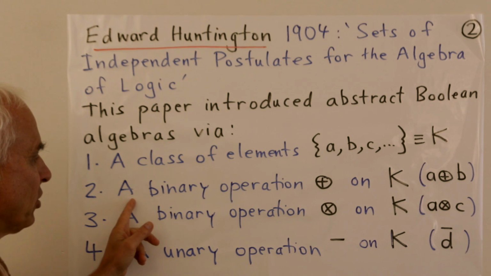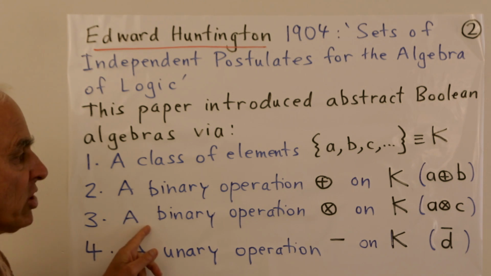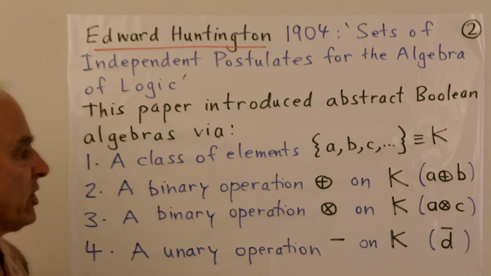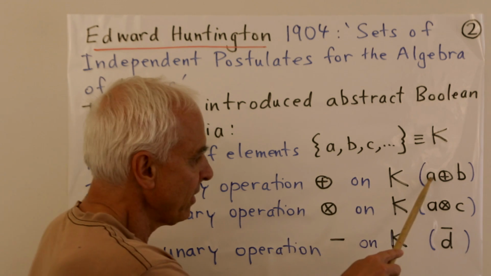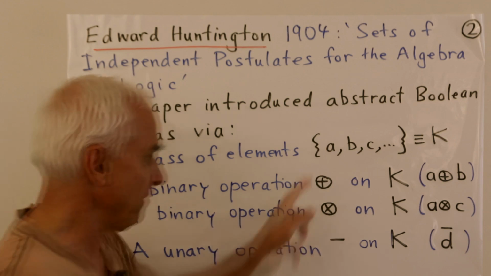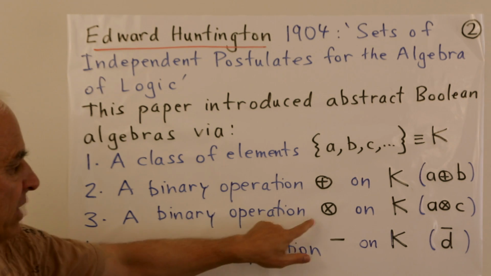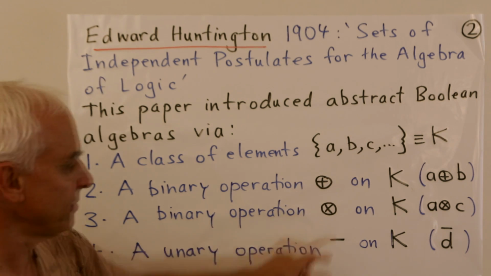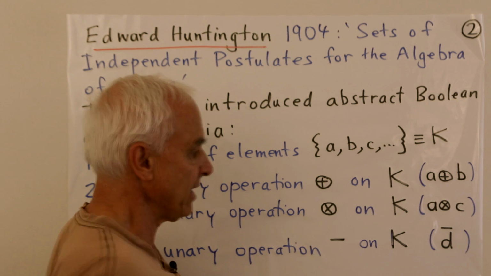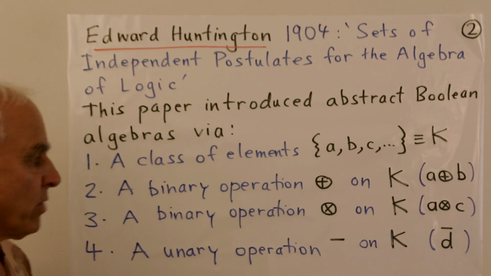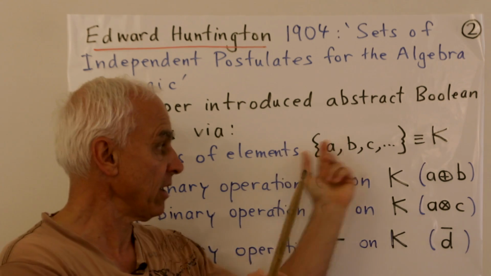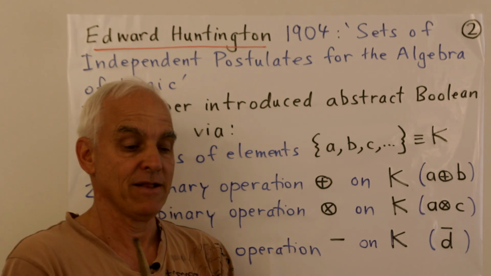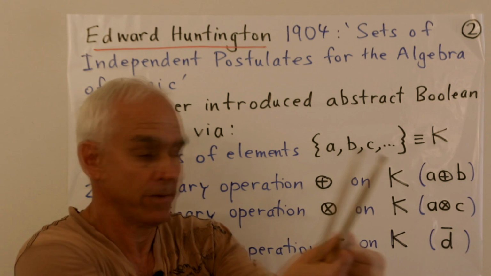Okay, now we're going to introduce two binary operations on this collection. The first one is a sum with a circle, so a circle sum, giving us A circle sum B, if A and B are in here. And the next one is a circle product, so A circle product C, again with two elements there. So these are binary operations. They take two elements in our given class or set, and they produce another one.